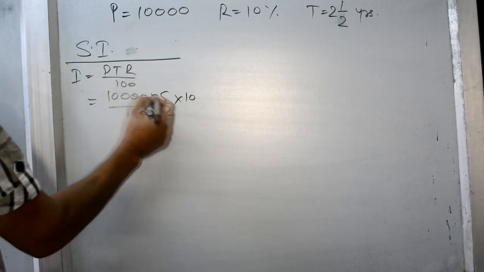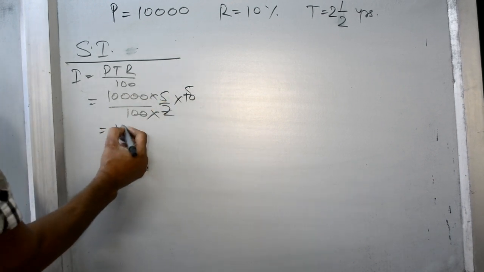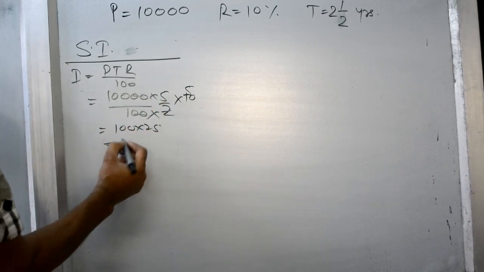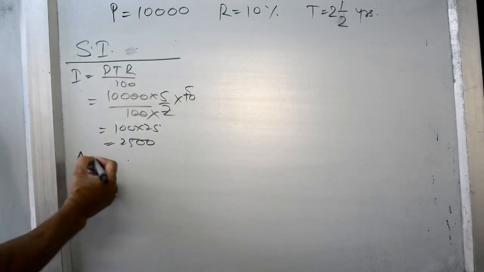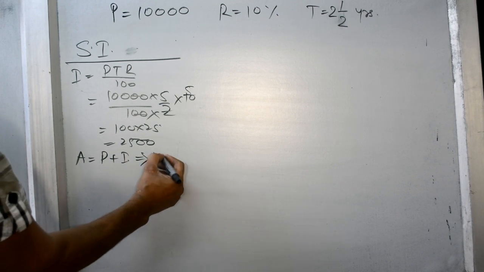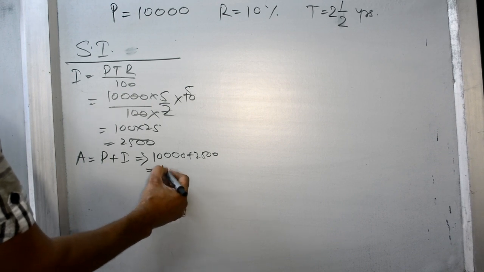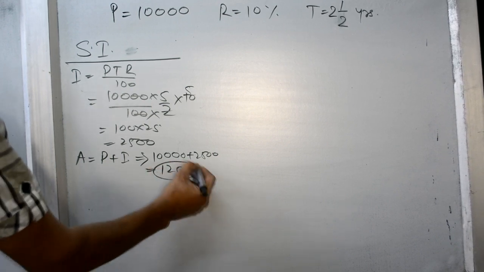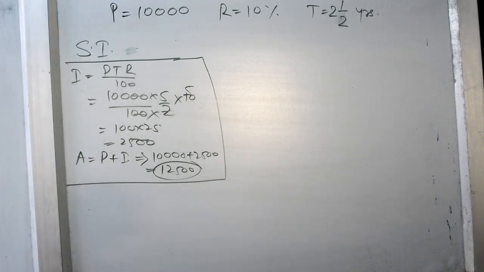Two zeros are gone. 2 5s are 10, 5 5s are 25. 100 into 25 is equal to 2500. This is the interest, and the amount would be principal plus interest, that is 10,000 plus 2500, equal to 12,500 rupees. This is the first condition for the simple interest.